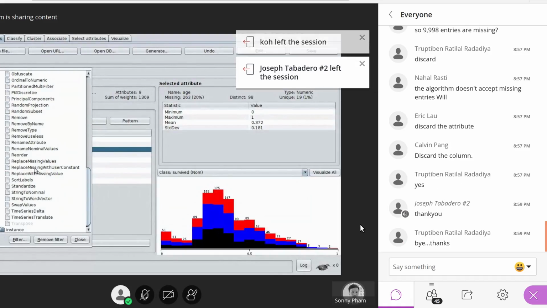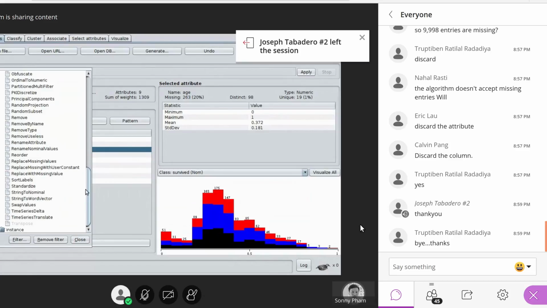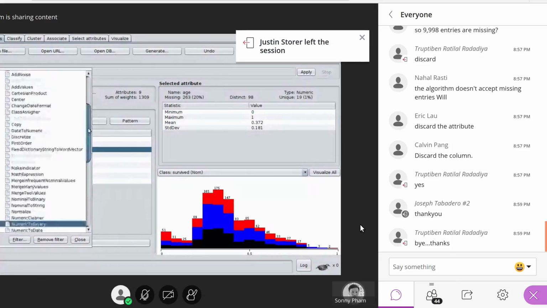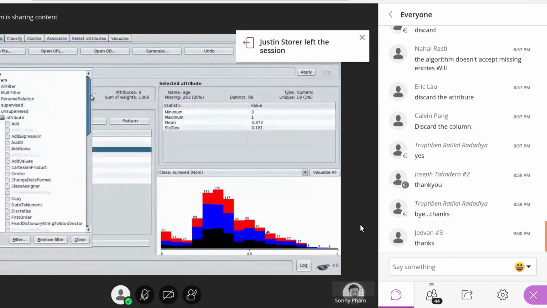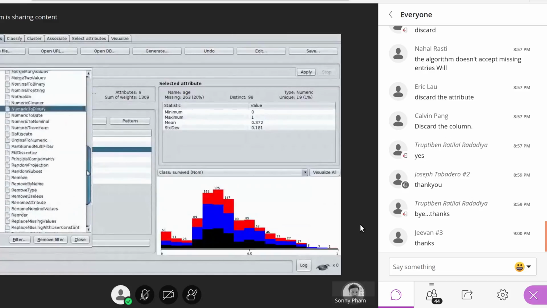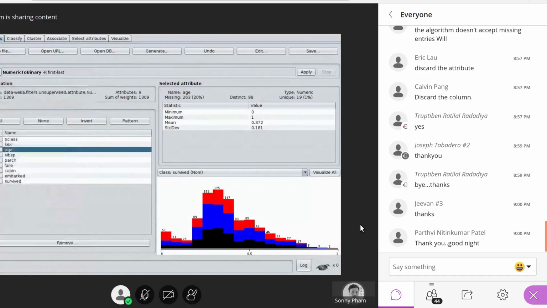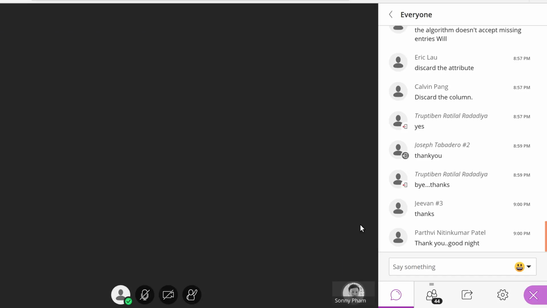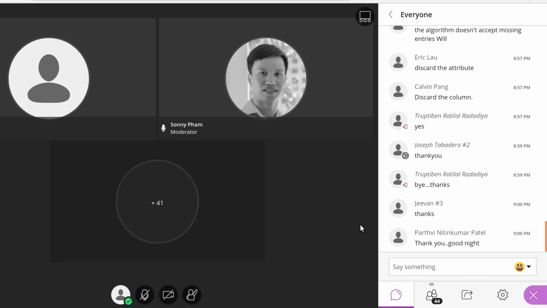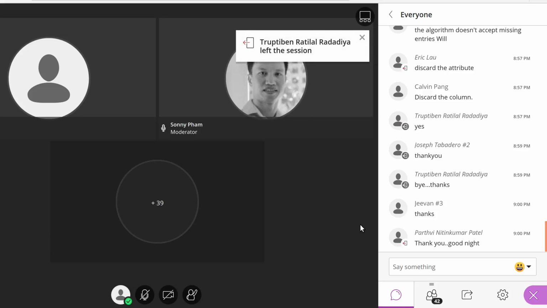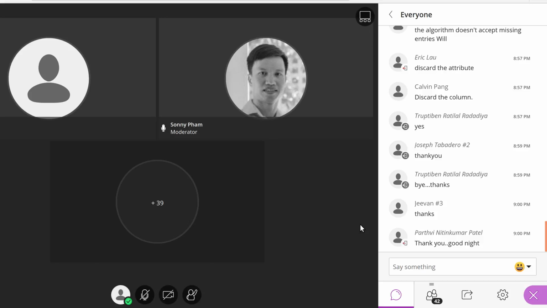Replace missing with a constant. So these filters are very useful. You should play around with them and get ready for the practical, right? For those of you who are using Python or a programming approach, I'm sure there are other pre-processing methods.